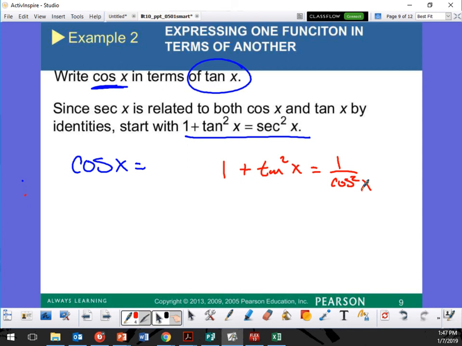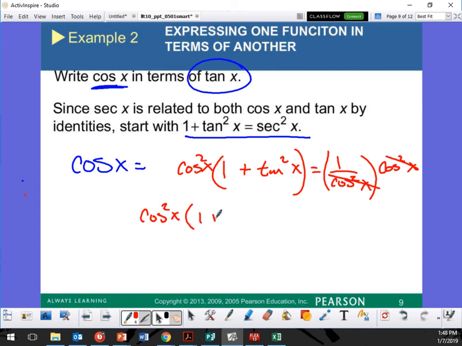I want it to just say cosine. How would I get the cosine out of the bottom? Multiply by cosine squared, right? This is going to cancel, so I'm left with cosine squared x times 1 plus tangent squared x is equal to 1.